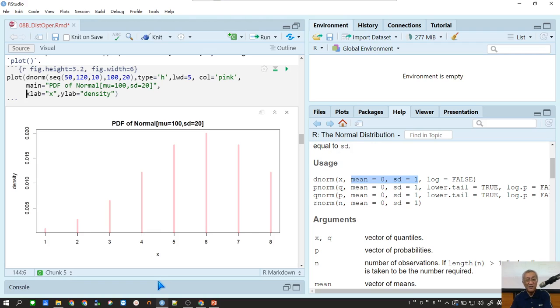But for now, if you really want to change this label, you actually need to change the X also, right?